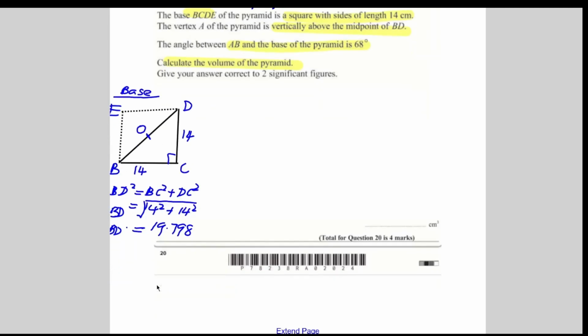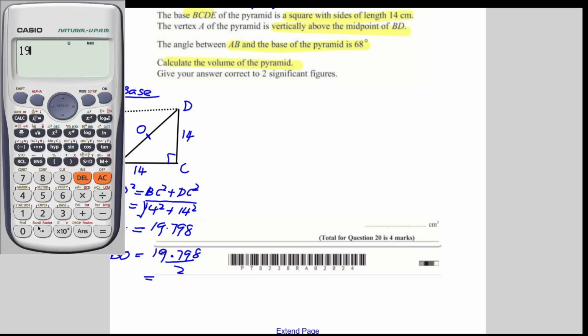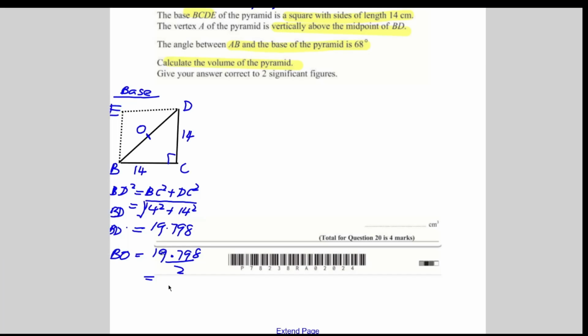BO equals 19.798 divided by 2, which gives out 9.899.